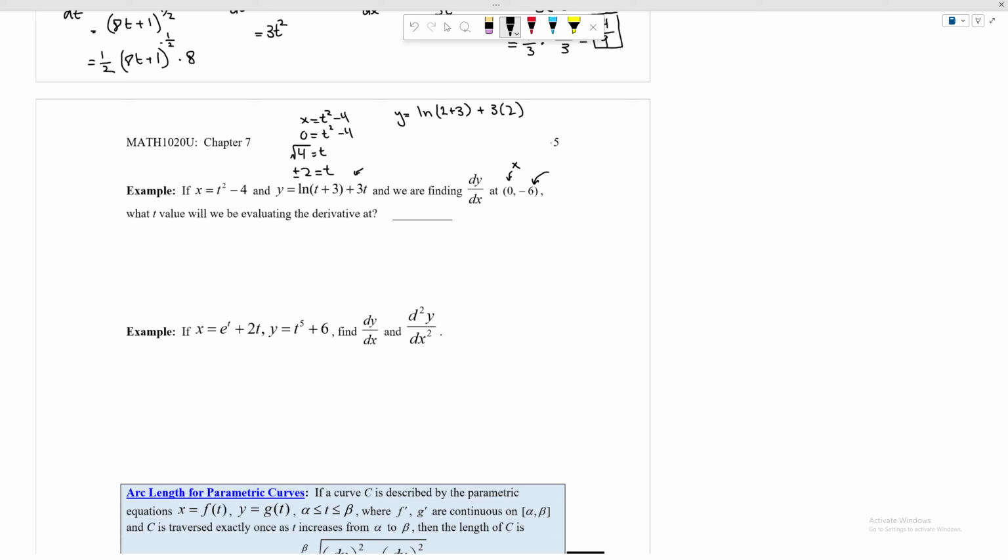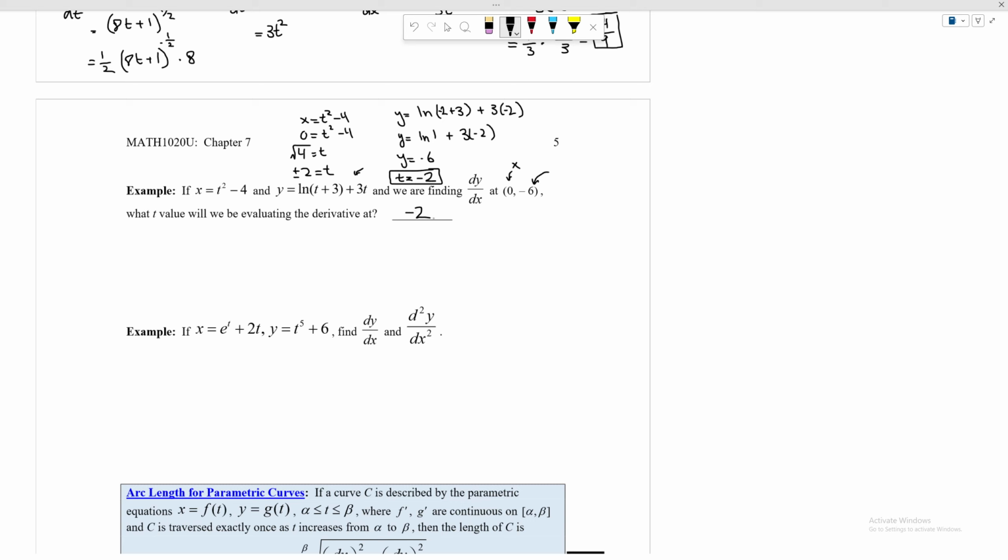So that won't work. What we can do is just flip this to a negative instead and see if that works. So y equals ln of 1 plus 3 times negative 2. And so ln of 1 is 0, and that will give us negative 6. And so our answer is negative 2. So t equals negative 2.